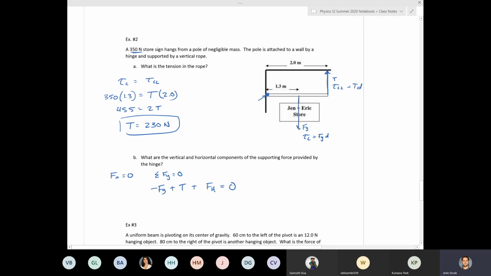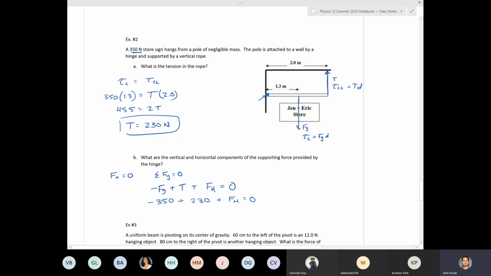I know that my tension's 230 and my Fg is 350. Those two aren't equal, so there has to be another force somewhere. So negative 350, that's the Fg going down, plus the tension, which I just found to be 230, plus the force at the hinge is equal to 0.